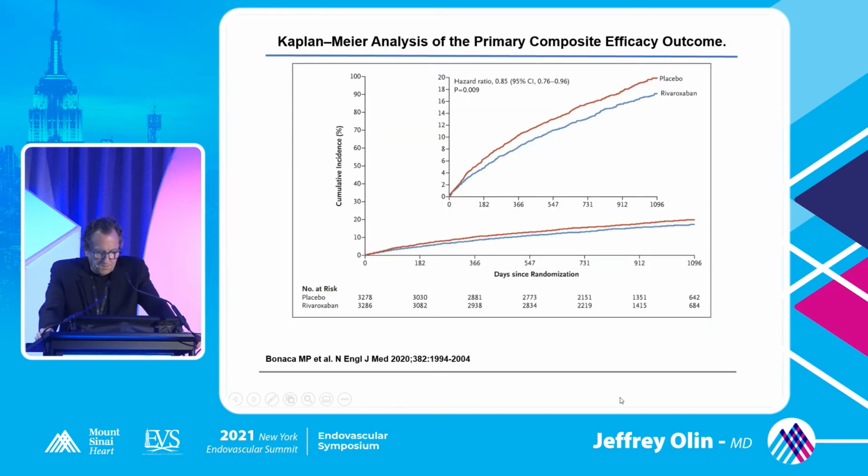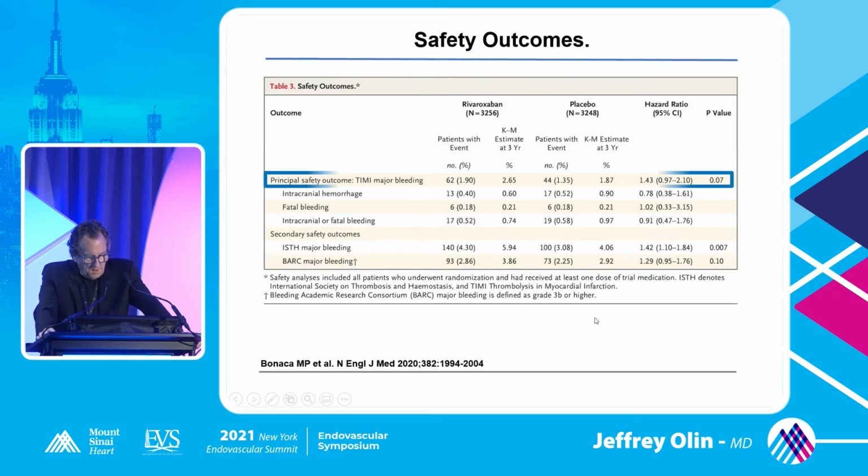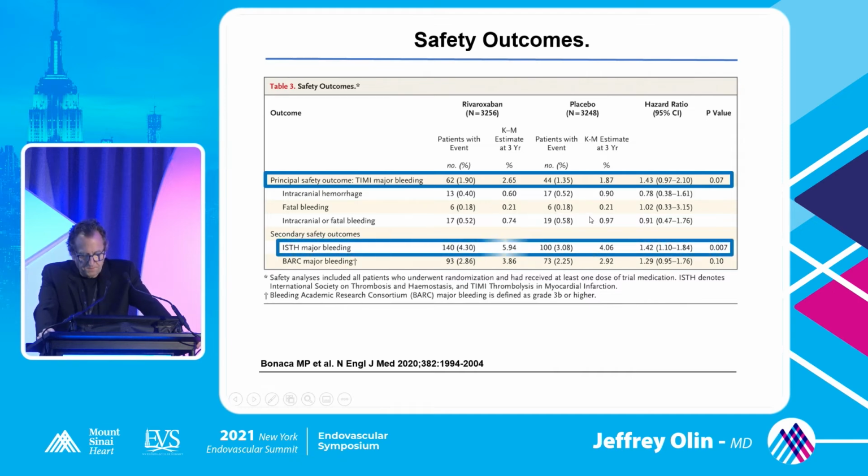And here's the Kaplan-Meier survival curve. You can see the group with aspirin and rivaroxaban had a relative risk reduction of 15%. And this came with some increased bleeding, but there was no difference in intracranial hemorrhage or fatal bleeding.